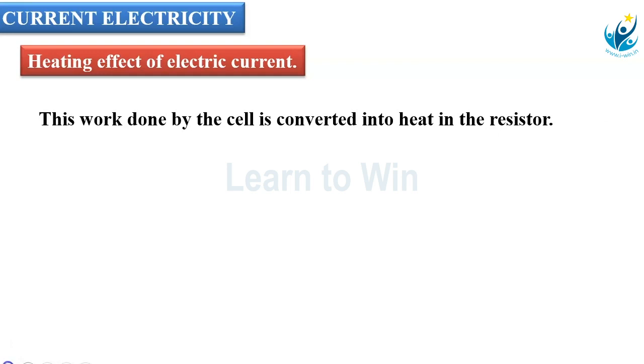W equal to VQ, W equal to VIT, W equal to I square RT, W equal to V square T by R. All these formulas are used for heat also. Whatever the work done by the cell is converted into heat in the resistor. So, all the work done formulas are equal to heat. H equal to VIT, I square RT, V square T by R.